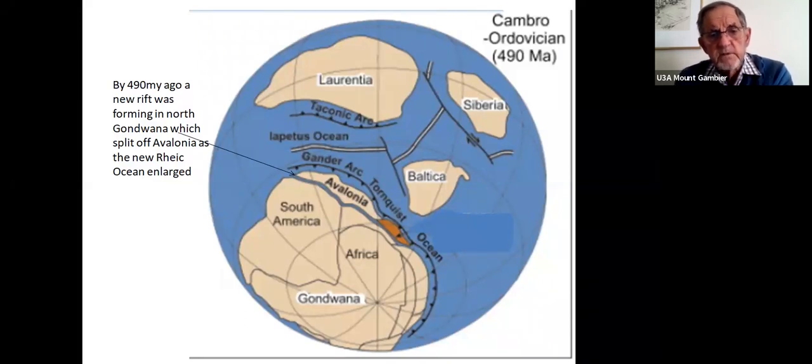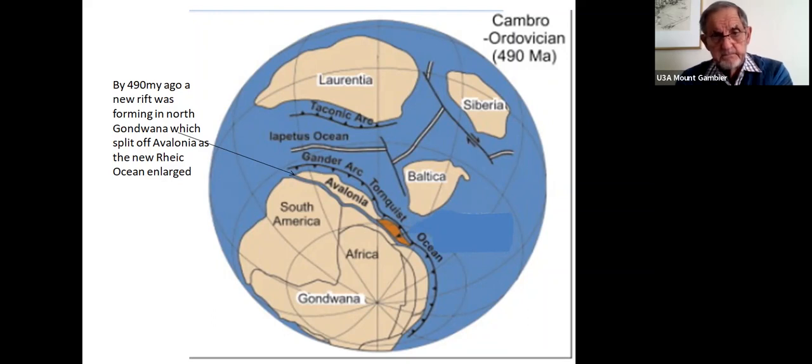Needn't worry about all the names, but volcanism occurred as a result of subduction of the original Iapetus Ocean in both directions, probably under Laurentia and also under Gander.